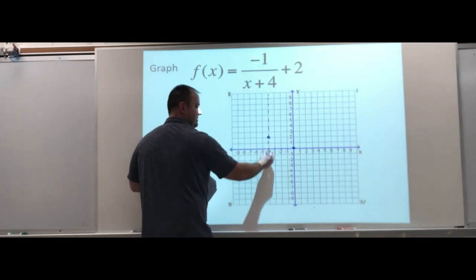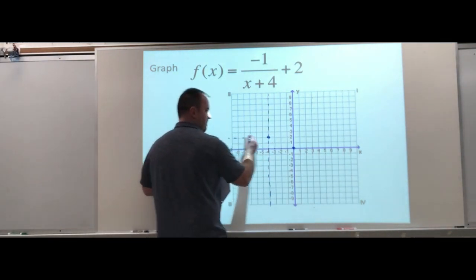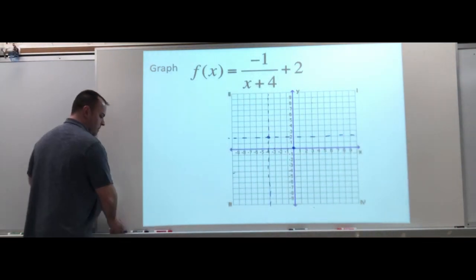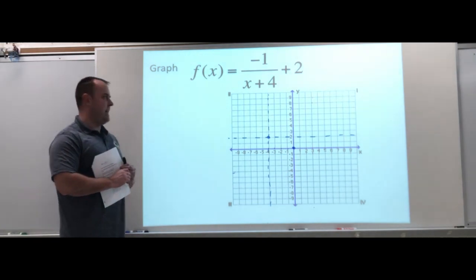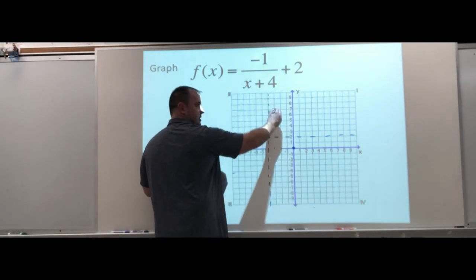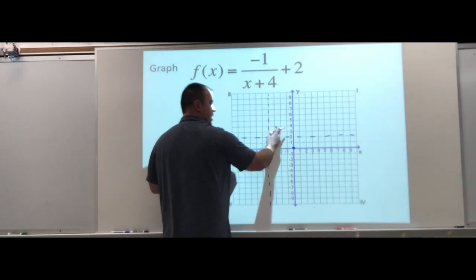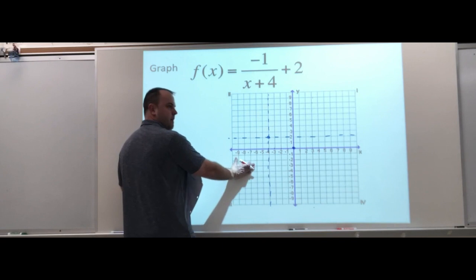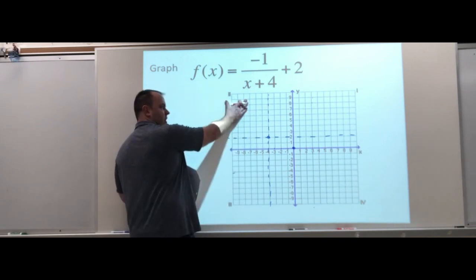I'm going to make my axes again, just so I have an accurate graph when I do draw it. Now I'm going to worry about that -1. The -1 means it's being reflected. So instead of up and to the right, we're going to go up and to the left. Okay, we're being reflected on the x-axis. So this bottom part, that was down and to the left, is now up.